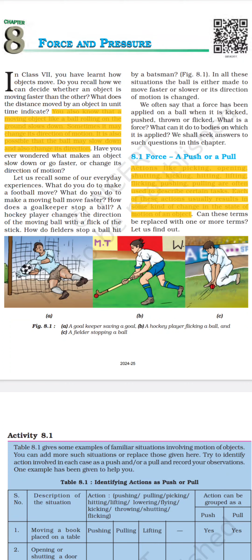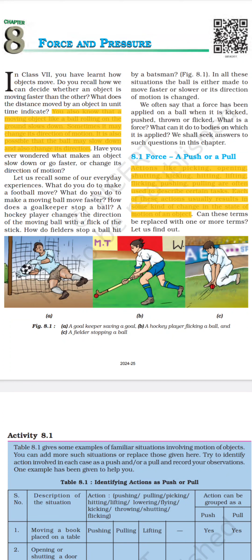In class 7, you have learned how objects move. Do you recall how we can decide whether an object is moving faster than the other? What does the distance moved by an object in unit time indicate?